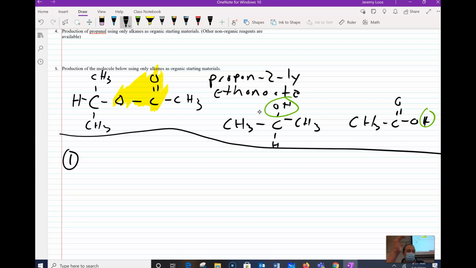We've already seen that we can do an addition reaction, react an alkene with water to make an alcohol, but we need the specific one that would make this propan-2-ol here. What alkene would that be? We need one with an appropriate number of carbons. Yeah, it would be propene.